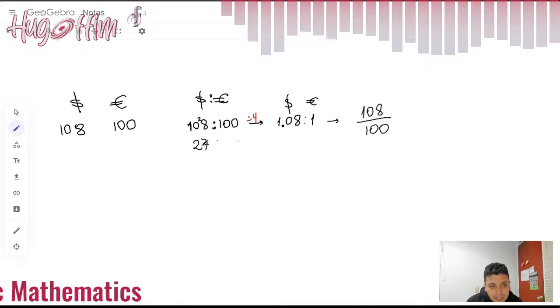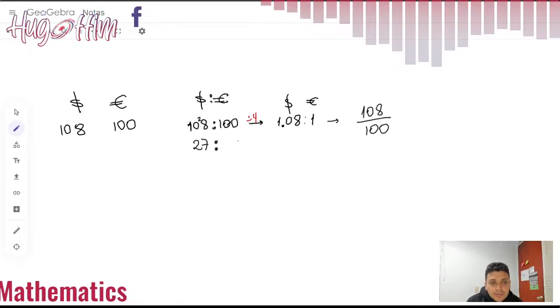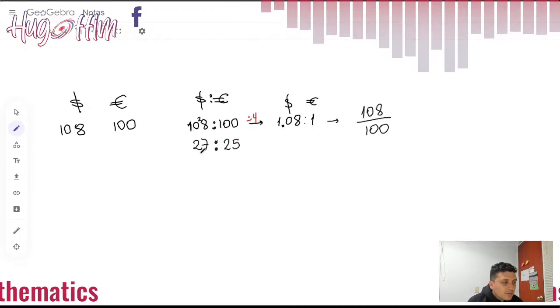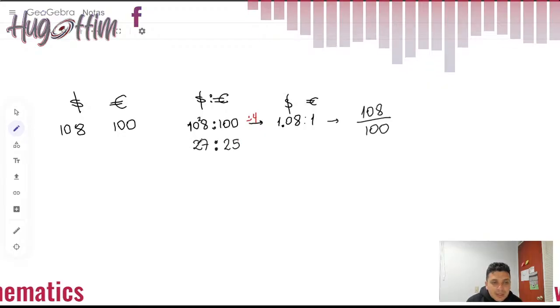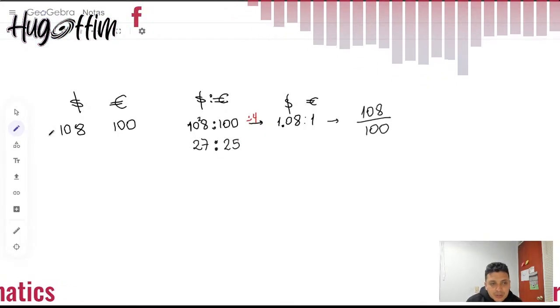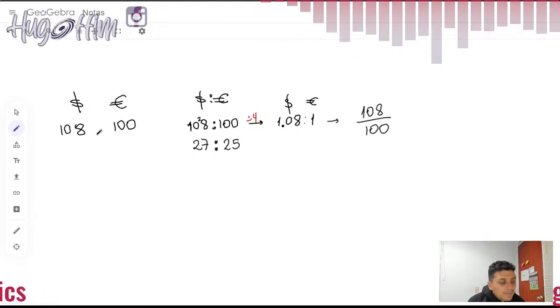And 27, 2, and this is just 25. 27 to 25. So it means that any $27 is 25 euros. This is the conversion rate, or you can use this one that has 100. You can choose whatever you want.